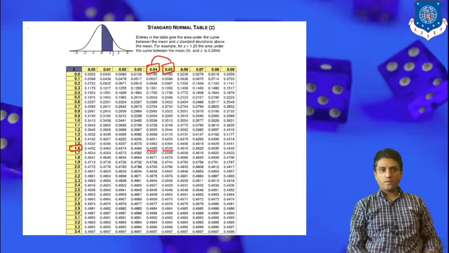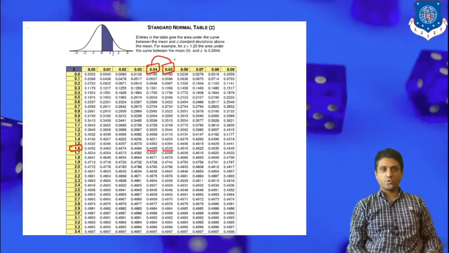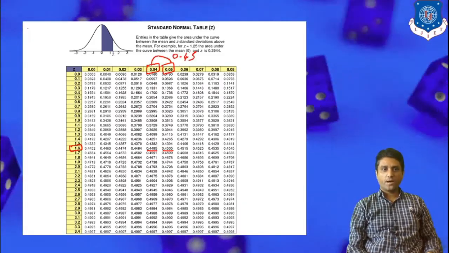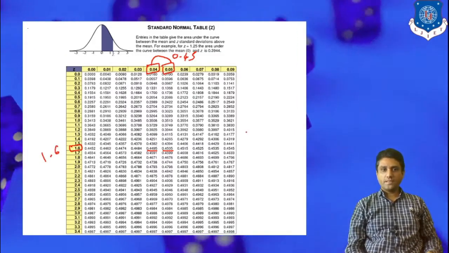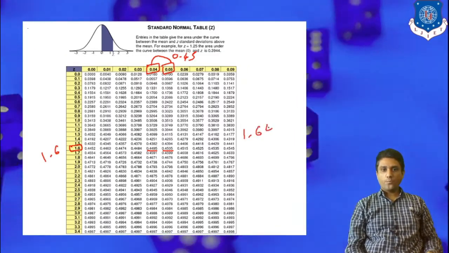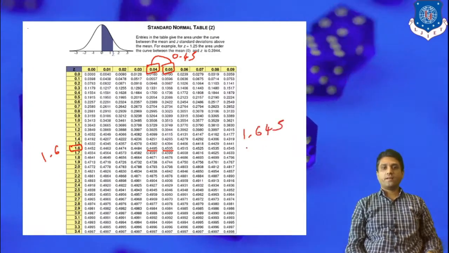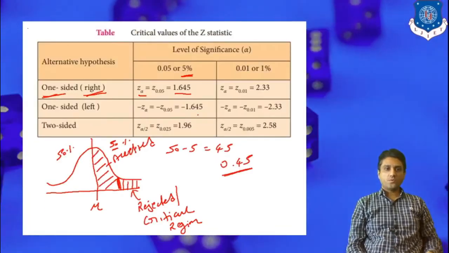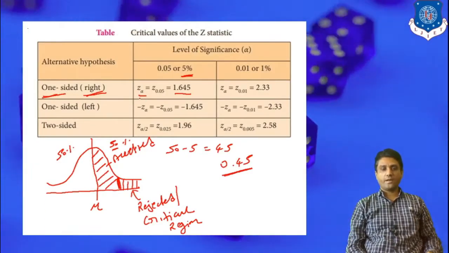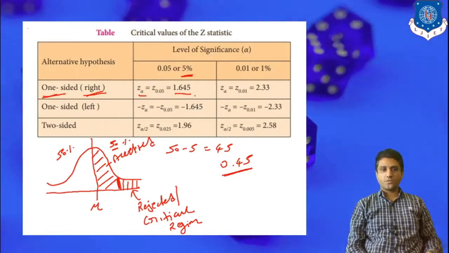So what we do is consider the average of these two, that is 0.045. So 1.6 from here and 0.045 here, so we obtain 1.645 as the critical value of Z. That's why you see here we write down the critical value of Z is 1.645.